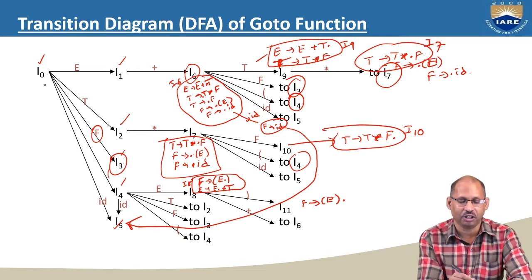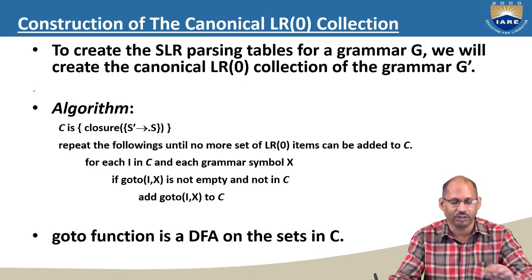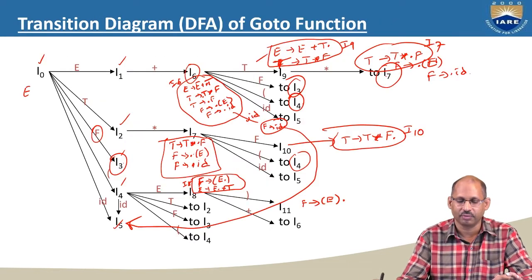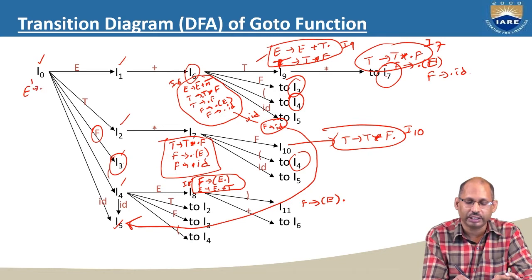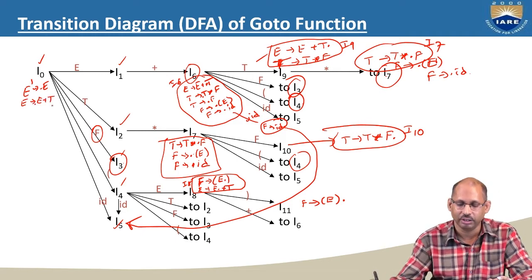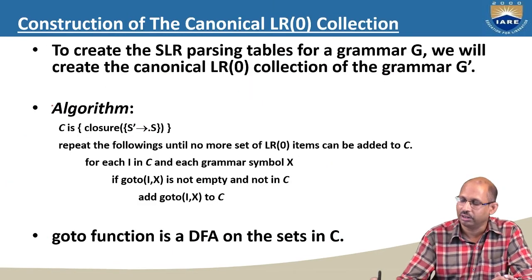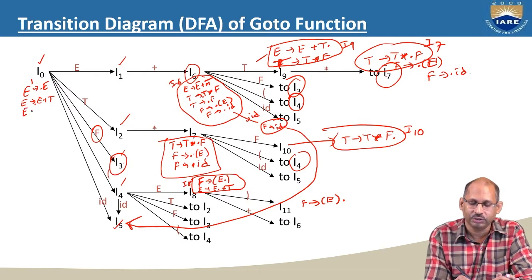So this is I0. Right here, the first production we have written is E' → .E. E productions: E → .E + T, and E → .T.